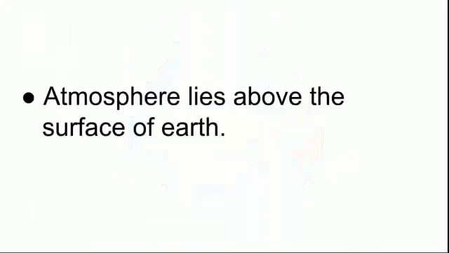All of you know that air is present above the surface of earth. That means the atmosphere lies above the surface of earth. Let us deal with our first natural resource, air.